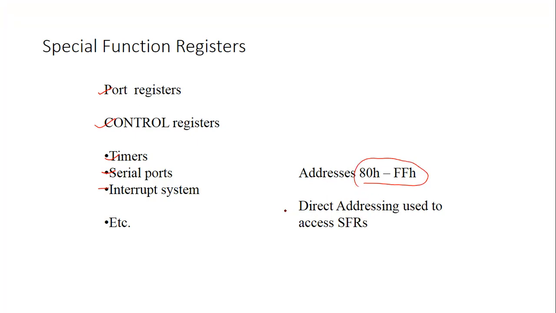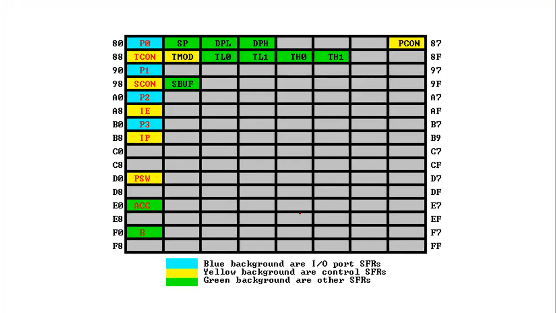In the case of the 8051, this region is only directly addressable. So this is the basic structure of the SFR, 80H to FFH. Here you can see that each location is 8-bit, and this particular location is used for port 0, and this for the stack pointer, DPL, DPH. Each location has some special function.